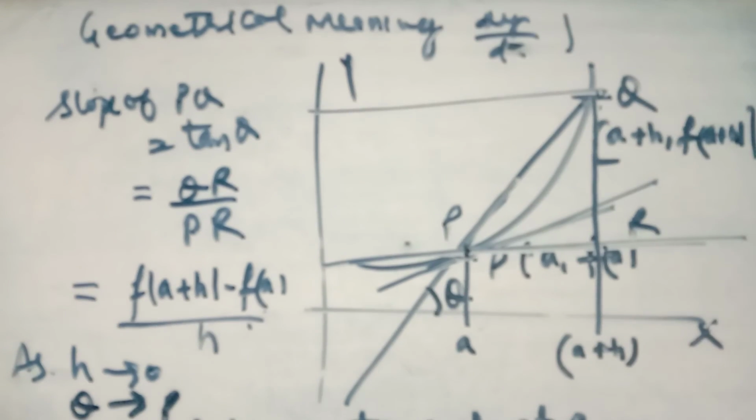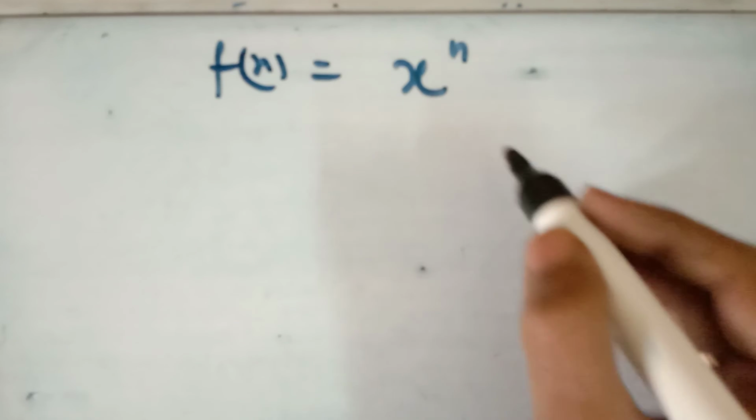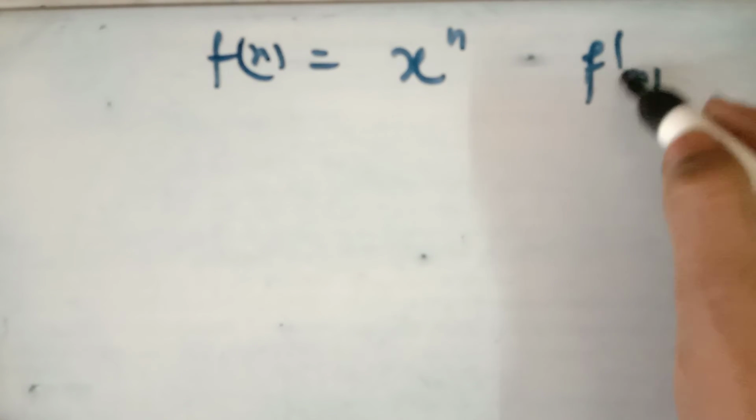After that we'll use the first principle to find the general formulas for the derivative of some functions. Let us take the function f(x) equal to x raised to the power n, where n is some real number. Now you have to find the derivative of this function.